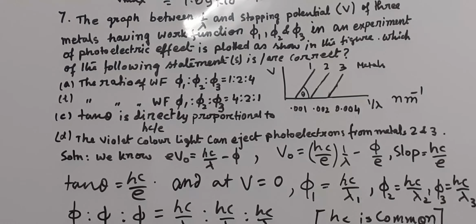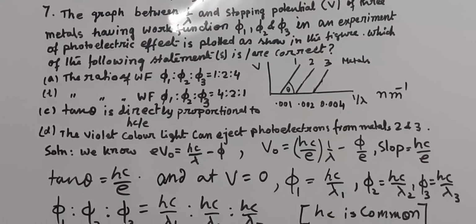Now, tan theta will be the gradient h c over e, and when V becomes 0 we can get the value of 1 by lambda. Now, when V equal to 0, phi 1 becomes h c over lambda 1, phi 2 will become h c over lambda 2, and phi 3 will be h c over lambda 3.